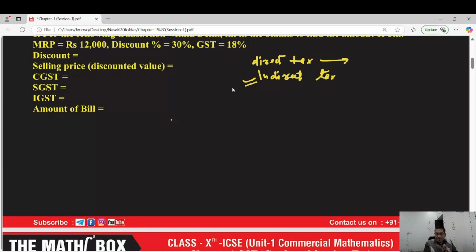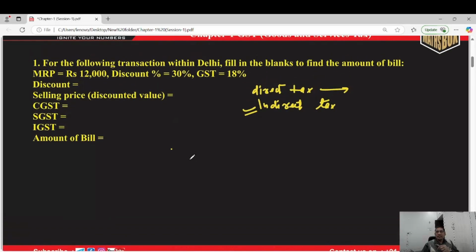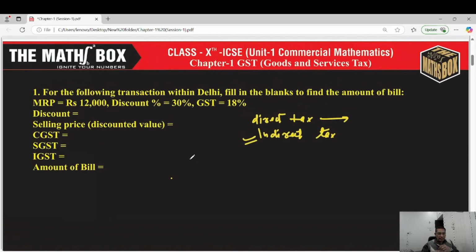The indirect tax is that tax which generally everyone pays in the usual routine, which we pay when we buy something, when we avail some services, when we travel, when we go to a movie, when we eat dinner out, when we buy a new bike, when we buy a new car, when we recharge our phone.